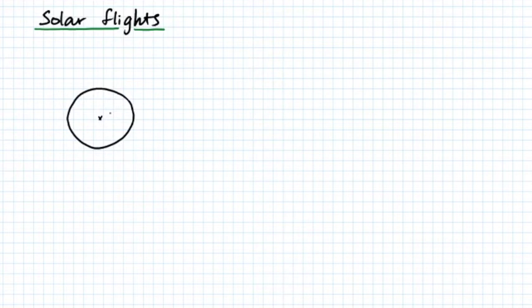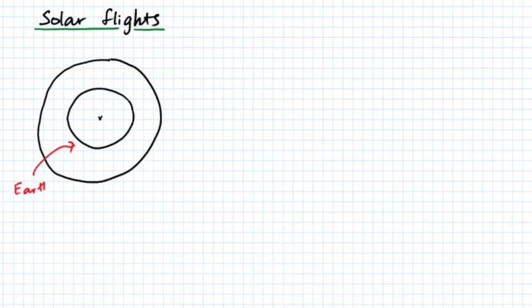This is the Earth orbit, and this is the Mars orbit. Trip to Mars would take about 260 days.